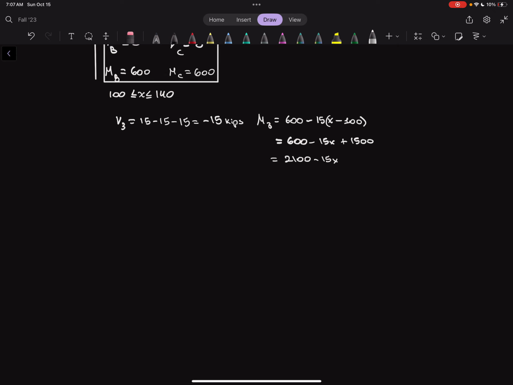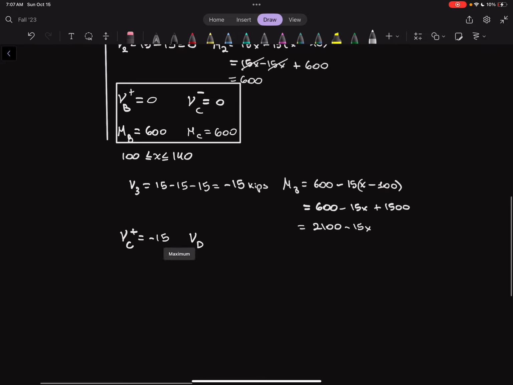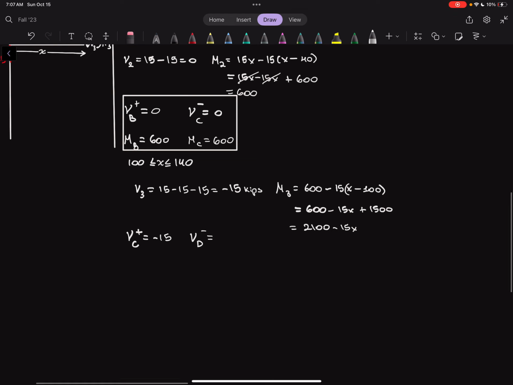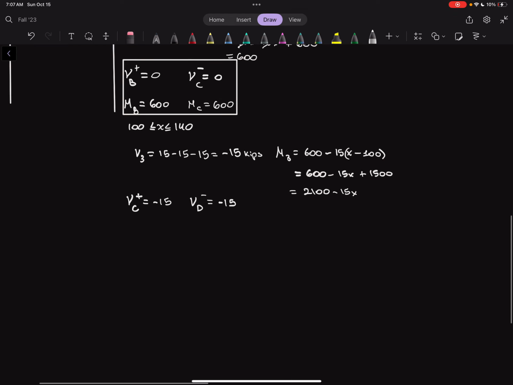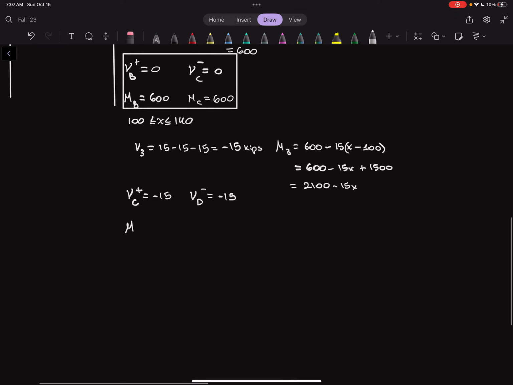And so now we put 100, and if we put 100, what do we get? Hold on. For V, C to the right is going to be minus 15, and VD, I believe, D left is going to be minus 15 again, because it's a constant. But for MC, we should get 600. Well, let's see.